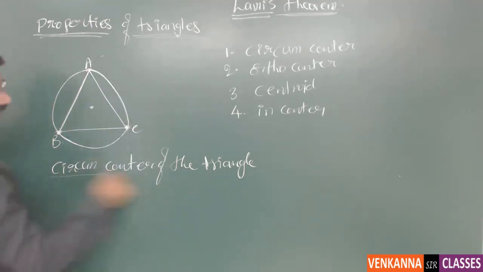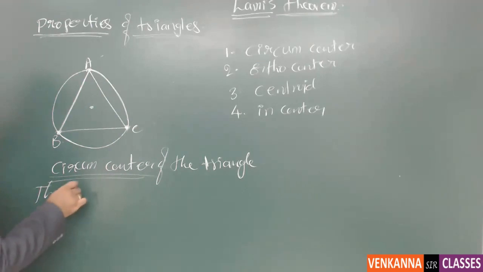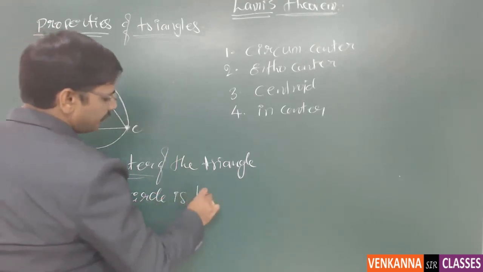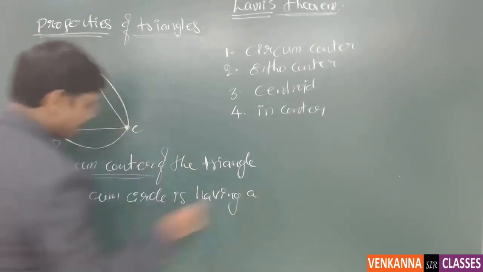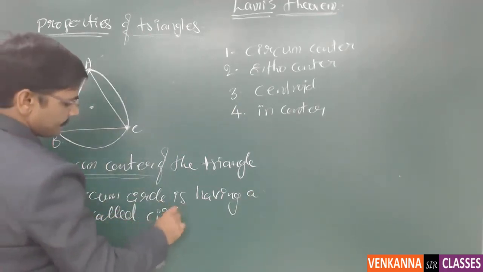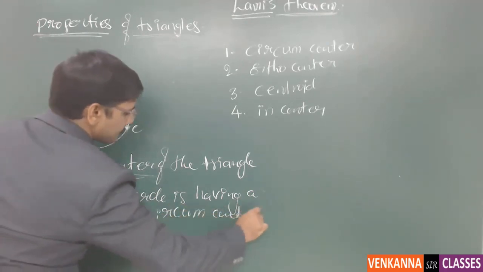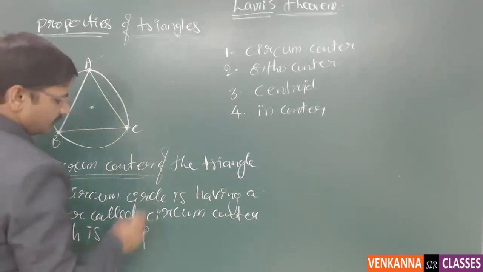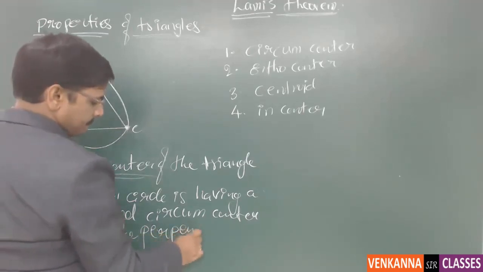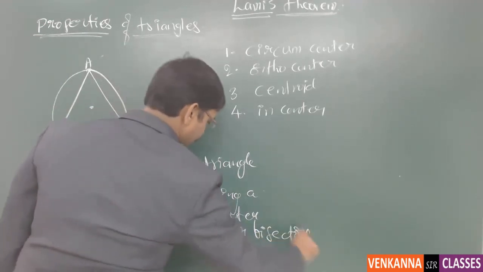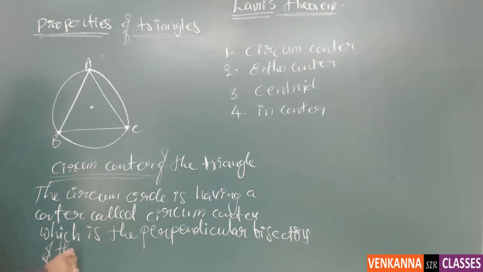So the circumcircle has a center called the circumcenter, which is the intersection of the perpendicular bisectors of the sides.